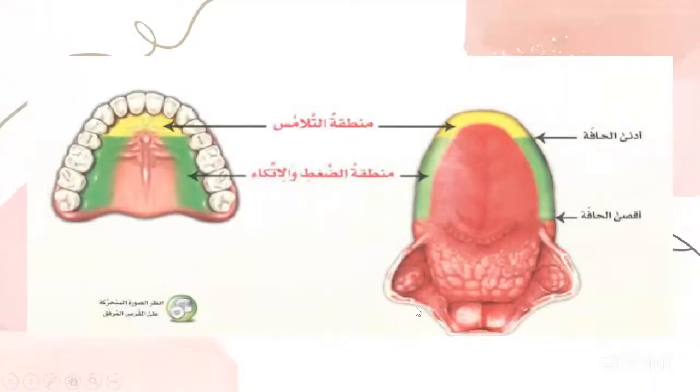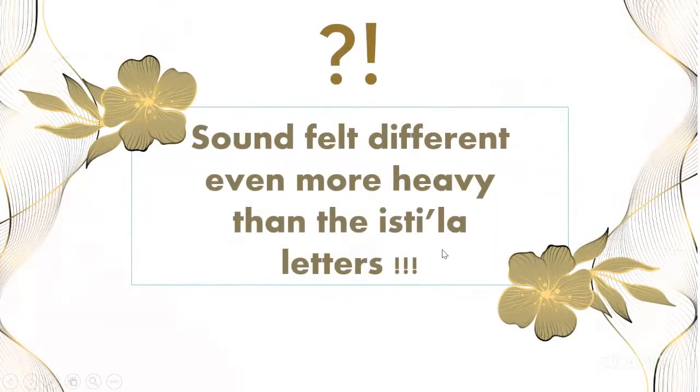Okay, elbow. Bo. So what is the name of the special sifa for this letter? Istiqala. Very good.